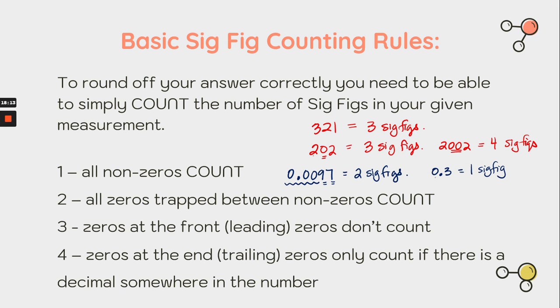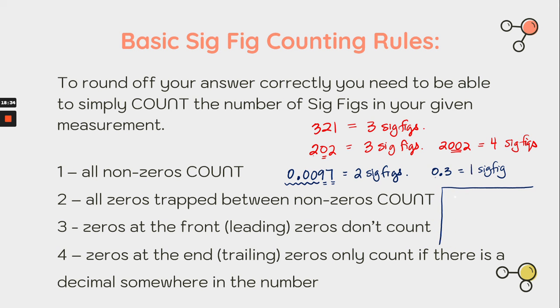And then the last rule is the one that has a little bit of wiggle room, so you have to be careful. And that has to do with the zeros that are at the end of a number. They're called trailing zeros. Trailing zeros only count if there is a decimal somewhere in the number. Okay, so what does that mean? Well, here's an example, right?